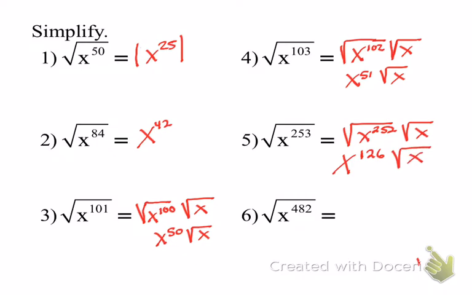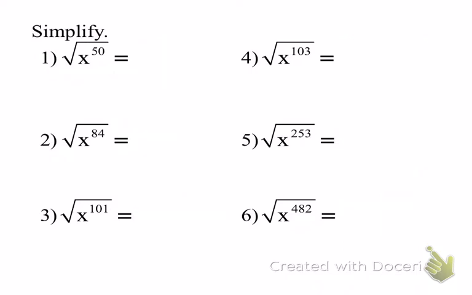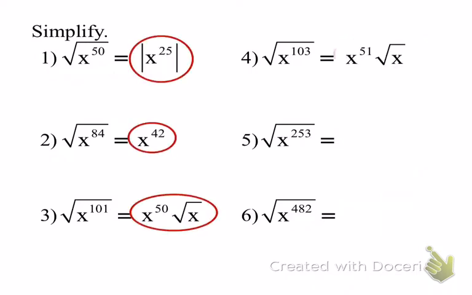And then the last one, Molly? It's just x to the 241st. You guys get the idea? Because it's odd, we have to put it in absolute value because it's an odd result all alone.